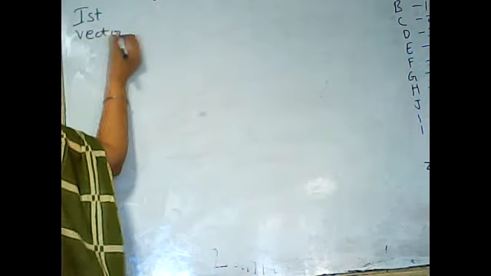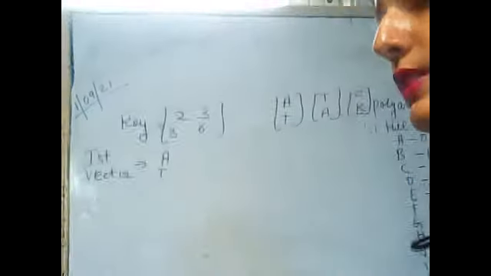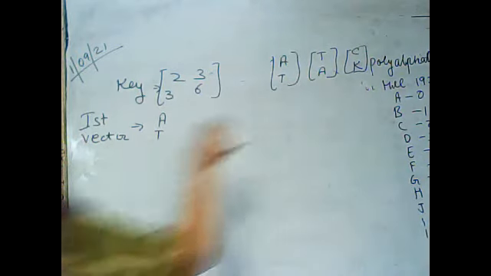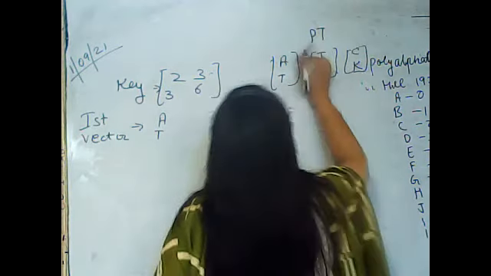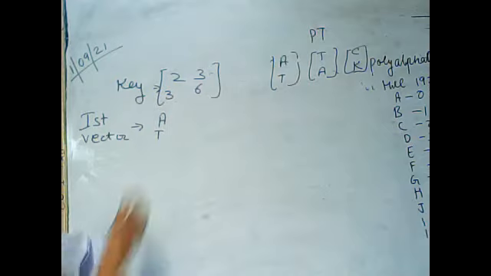The plain text is ATTACK, so we have A, T, T, A, and C, K. We need to convert this plain text to the cipher text, having converted it into 2 by 1 matrices.